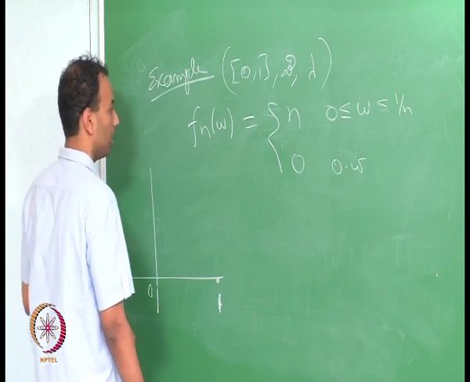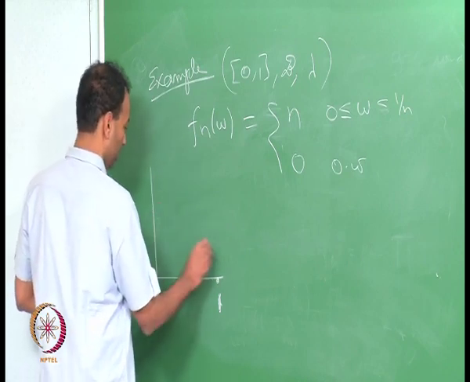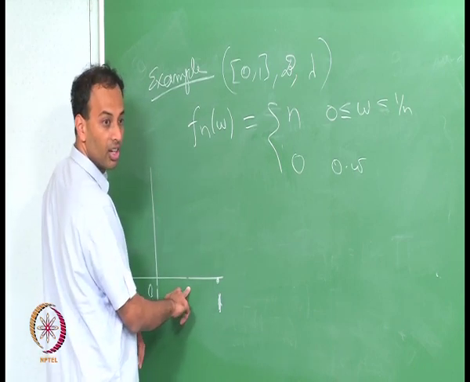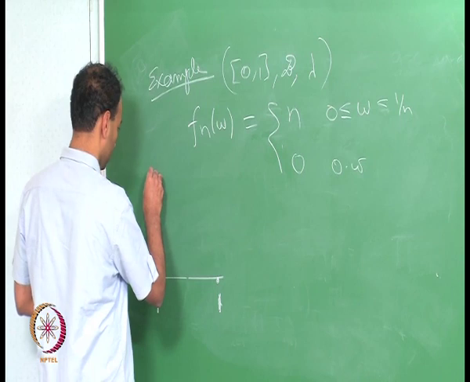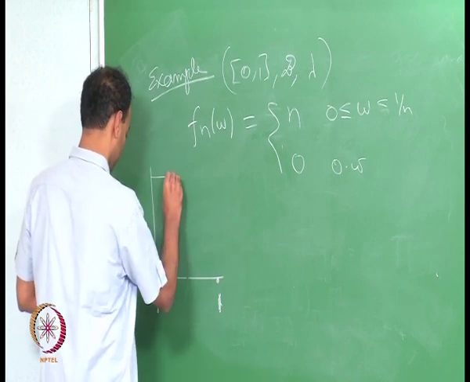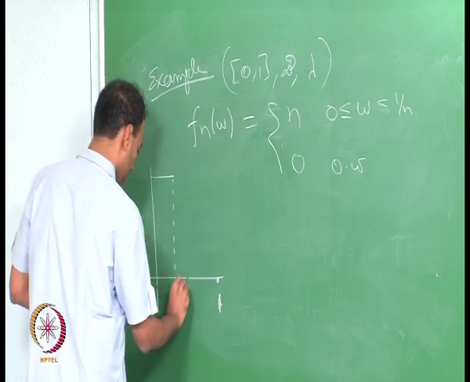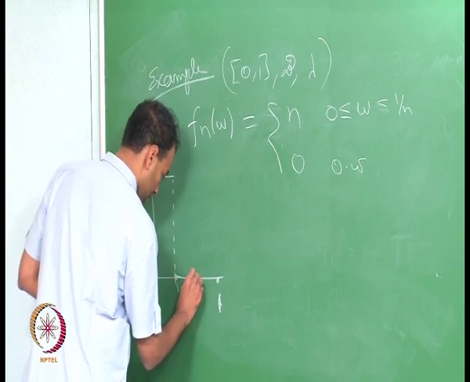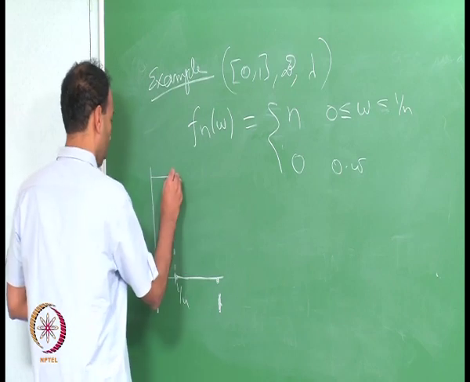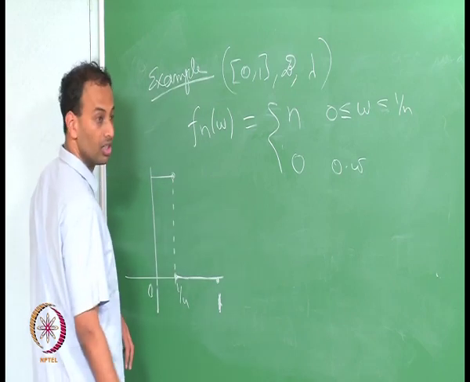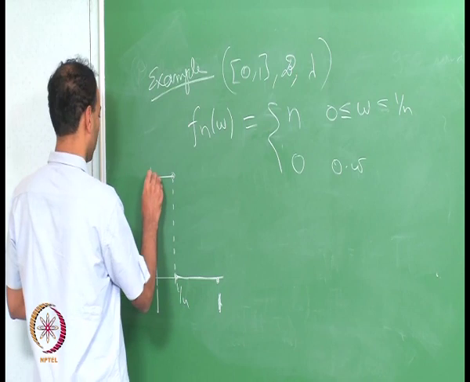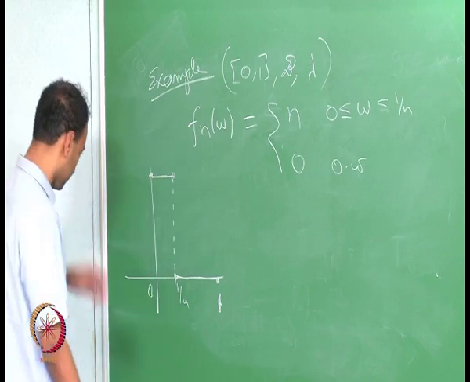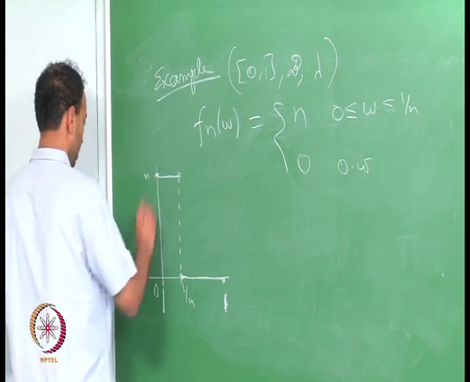So, f_1 will be 1 in 0 to 1, f_2 will be 2 in 0 to half, f_n will be n in 0 to 1 over n, with a hollow dot here and a solid dot there. The functional value is n.